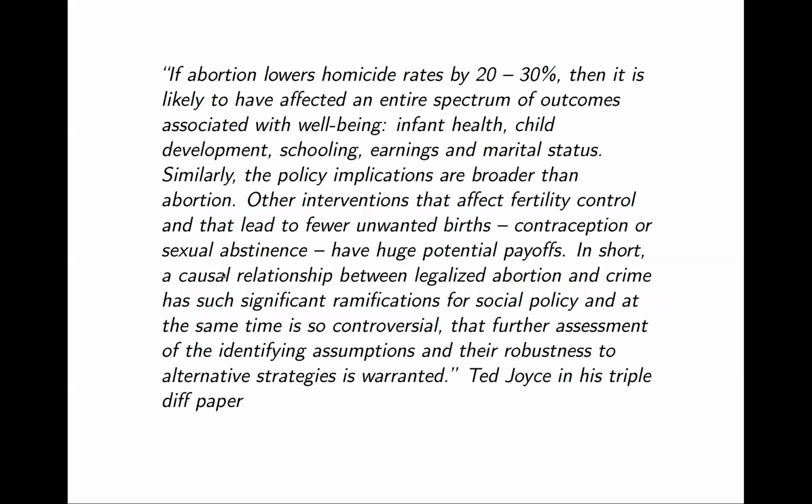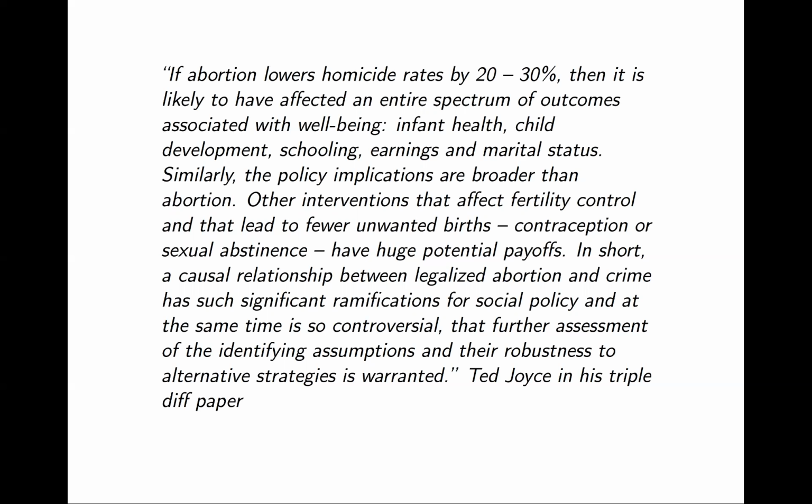Okay, so this is something from Ted Joyce's Restat paper, and he says this. He says, if abortion lowers homicide rates by 20 to 30%, which is what Levitt and Donohue found, then it's likely to have affected an entire spectrum of outcomes associated with well-being. It should improve infant health, child development, schooling, earnings, and marital status.